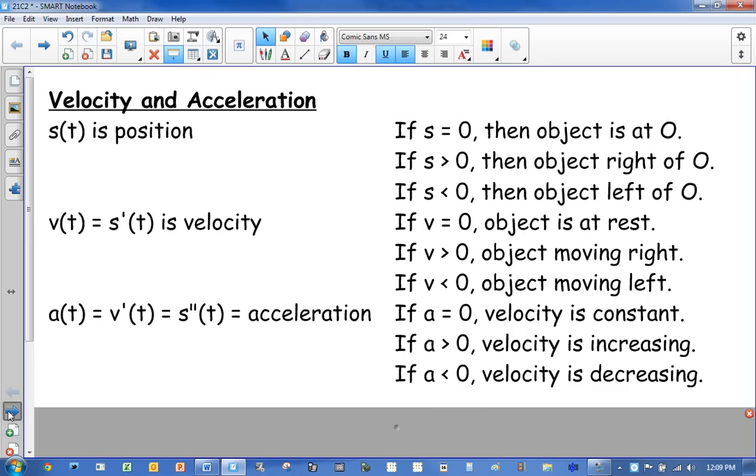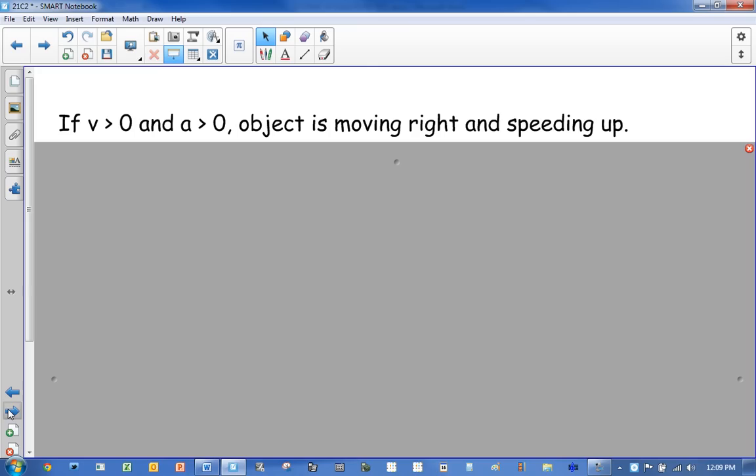So now let's combine velocity and acceleration to see what it means with all types of signs. So if the velocity is greater than 0, that means that we are moving to the right. And if acceleration is positive, that means that the velocity is getting more positive. It was already positive to begin with, and now it's getting more and more positive.